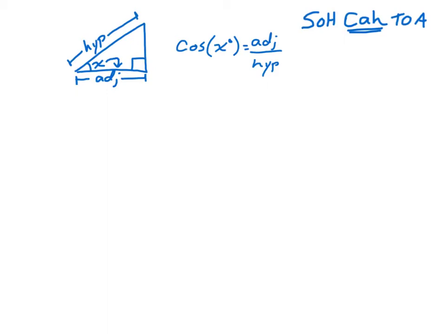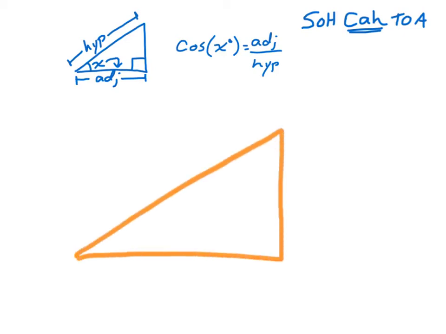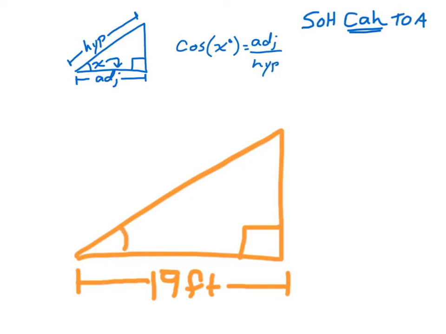Okay, so now let's look at a different slide type scenario. Here we go. We need a new color. I'm tired of that color. Now let's say that we happen to know that this slide takes up a whopping 19 feet on the ground, and we also happen to know that the angle of this slide is an interesting 37 degrees.